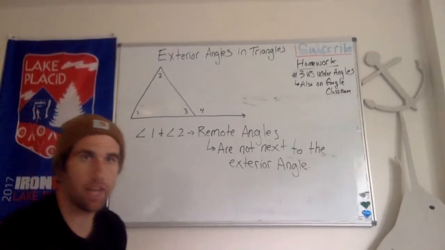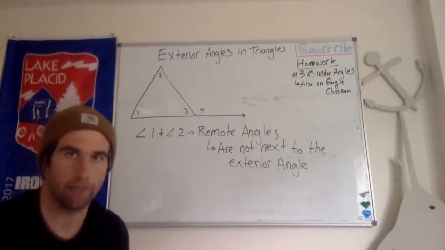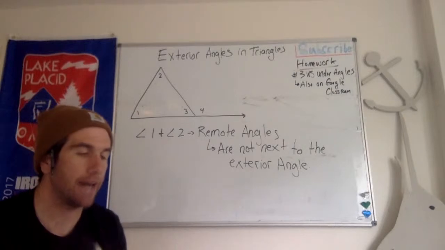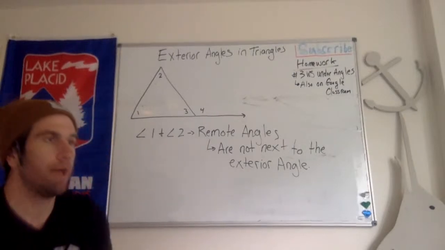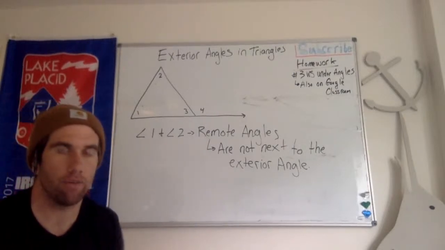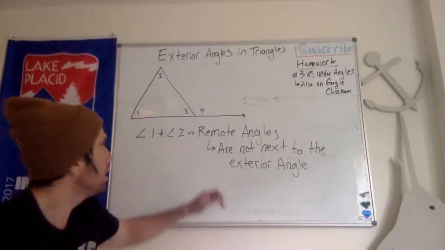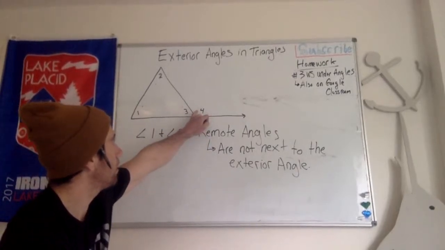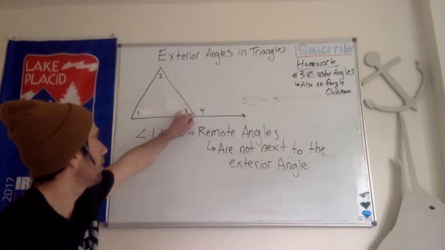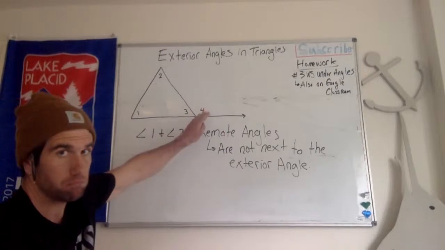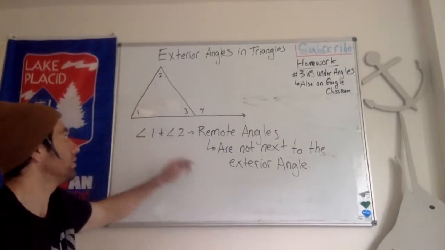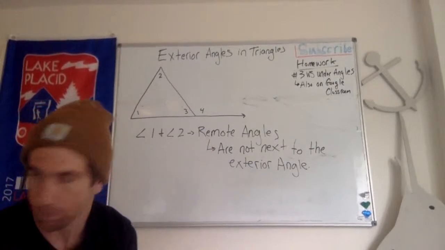So it's important to understand what a remote angle is. Very simply, a remote angle is not next to my exterior angle. So no matter what type of triangle I have, no matter which way it's positioned, you simply find your exterior angle, and the angle that's next to it, don't count it. You just go to the other two angles, and those are your remote angles, okay?